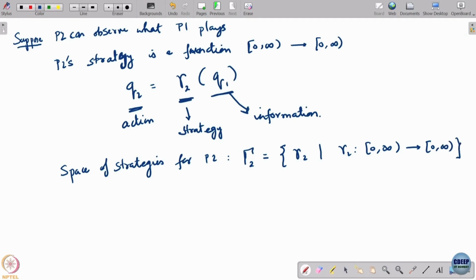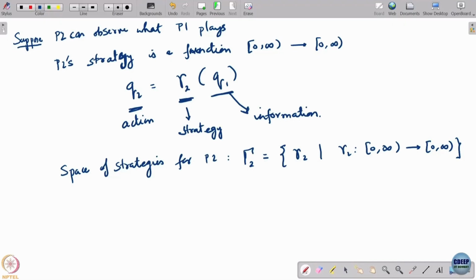Now, what is the space of strategies for player 1? Yeah, the space of strategies for player 1 is still to pick a quantity, right? He has no information to start off with. So, there are two different questions here. One is, what is the space of strategies? Okay, meaning what is the allowable space through which he is picking his strategy.